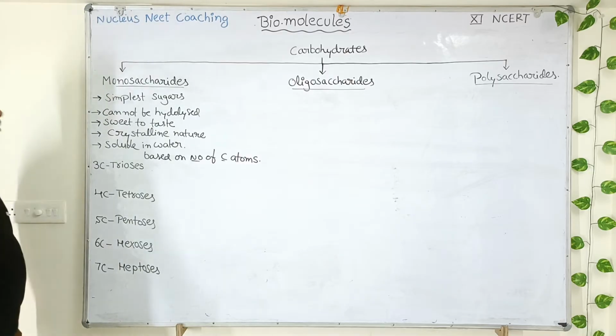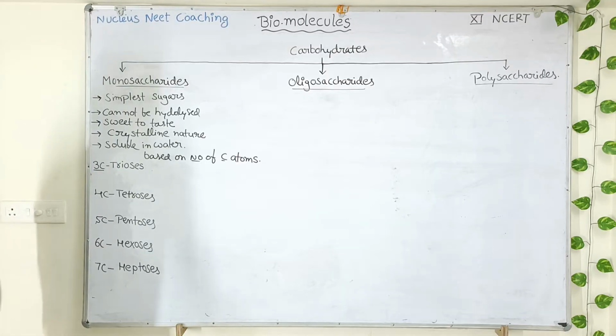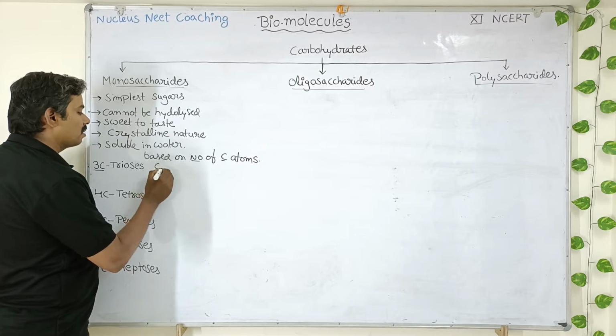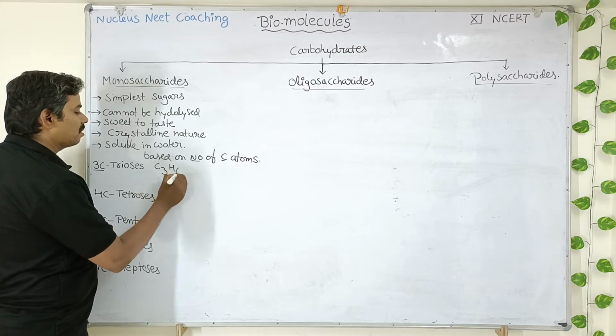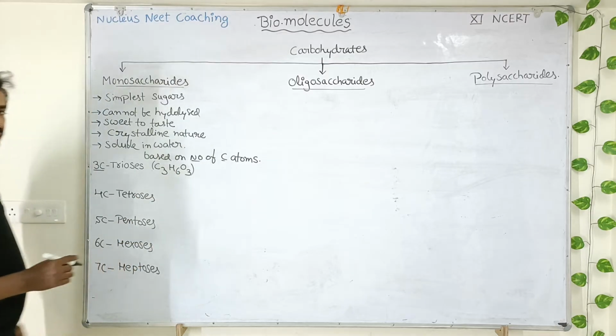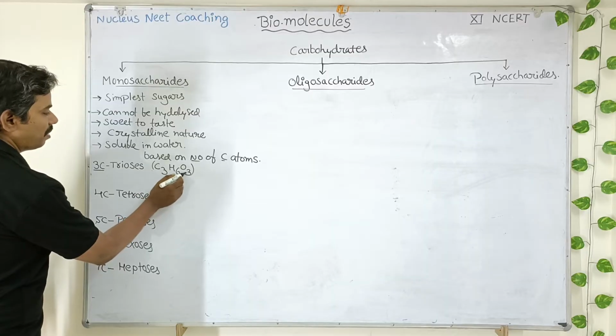The monosaccharides which have 3 carbons are called trioses. They have the general formula C3H6O3. This is the general formula of trioses. Look here, there are 3 carbons and double the amount of hydrogens, again 3 oxygens.